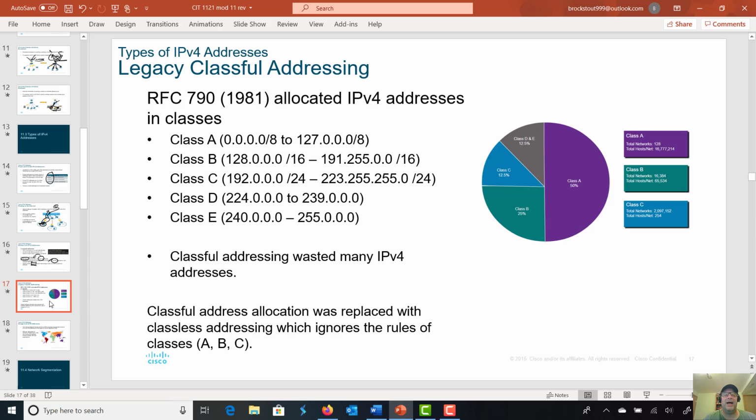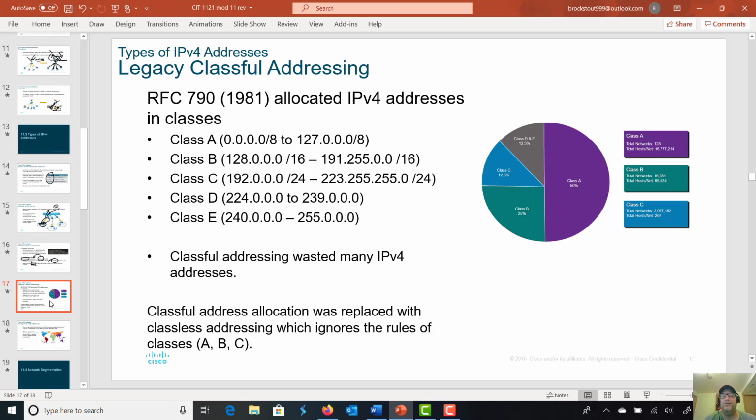The last couple of slides, this one talks about the idea of classful IP addressing. Now, there are two kinds of IP addresses. There are classful IP address routing, and then there is classless IP address routing. Way back when, even in like the 90s, they figured out, you know what, this classful thing is not super awesome.